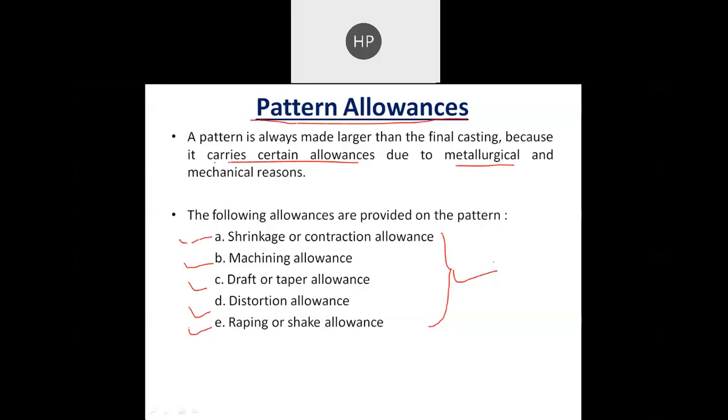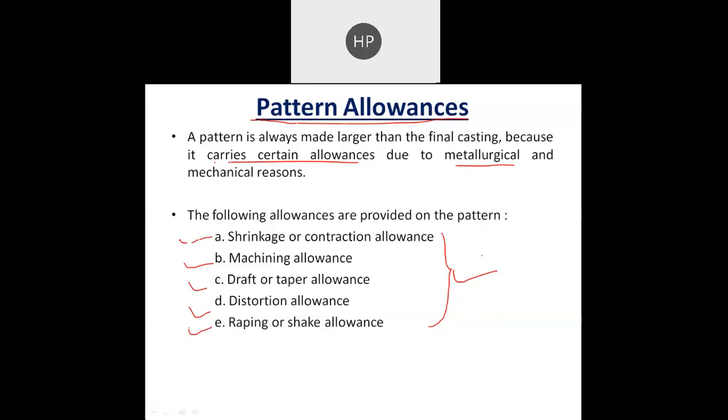Or it may be asked: what are pattern allowances, and explain any one or two. Or a particular name is given, such as explain either machining allowance or draft allowance or distortion allowance. These are some of the important questions frequently asked in final and semester exams.